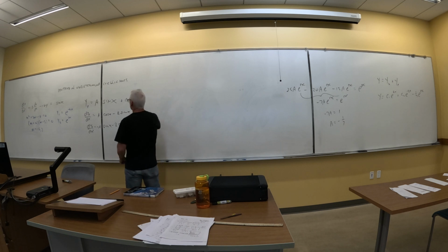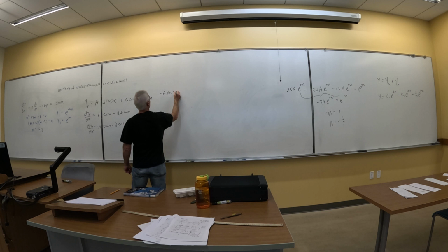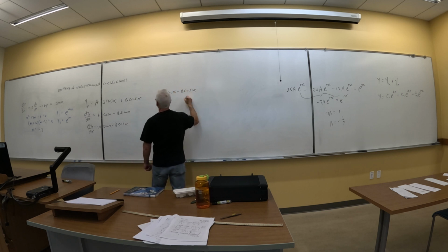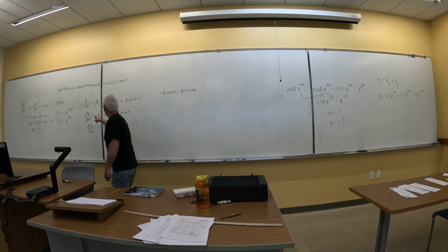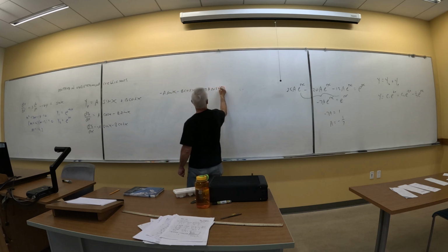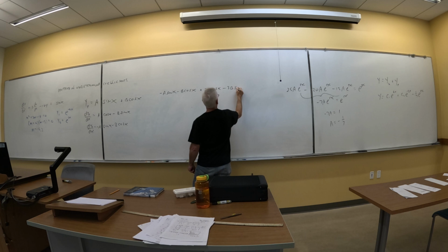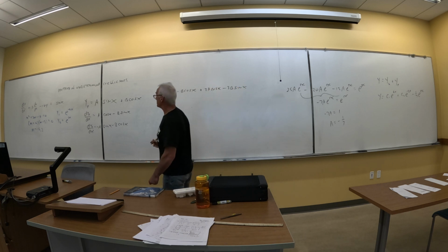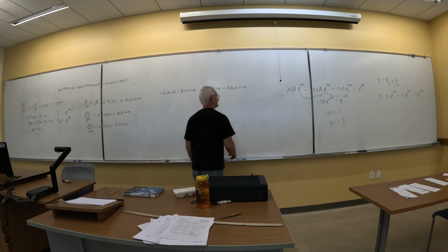So when I plug these in, I'm going to have this guy, negative a sine x, negative b cos x, plus 3 of these, so plus 3a cos x minus 3b sine x, and then minus 18 of these.